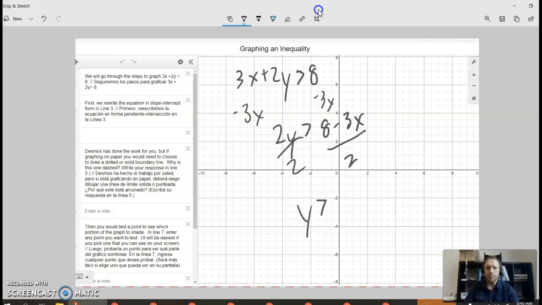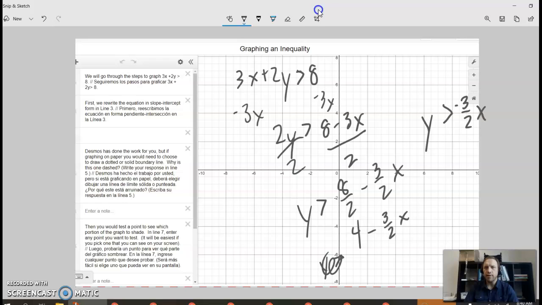I get y is greater than negative 8 over 2 minus 3 over 2x. I simplify. Negative 8 divided by 2 is negative 4. I'm going to leave 3 halves as a fraction. And I'm going to rewrite it as, right up here, y is greater than negative 3 halves x plus 4. Right? Y is greater than negative 3 halves x plus 4.